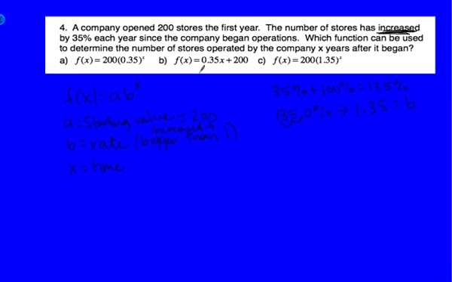As I look through my answer choices, I can automatically eliminate B because it's written as a linear function. We had already determined that it had to be exponential because of that percentage.